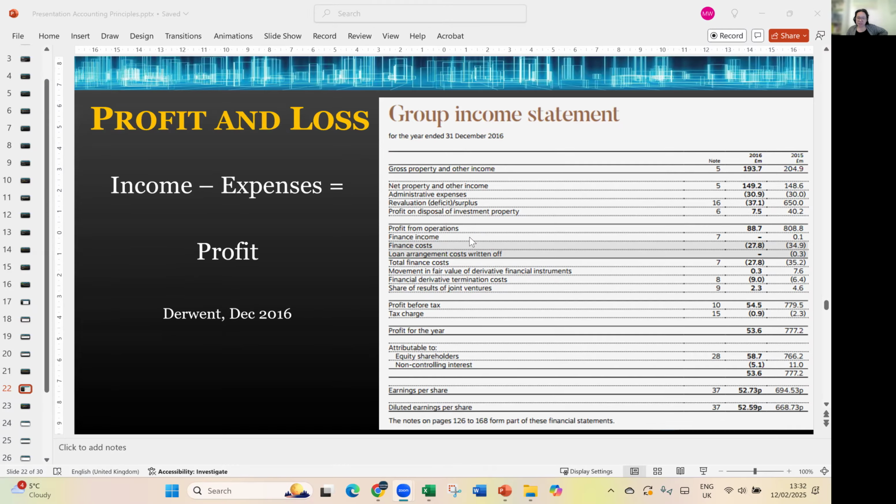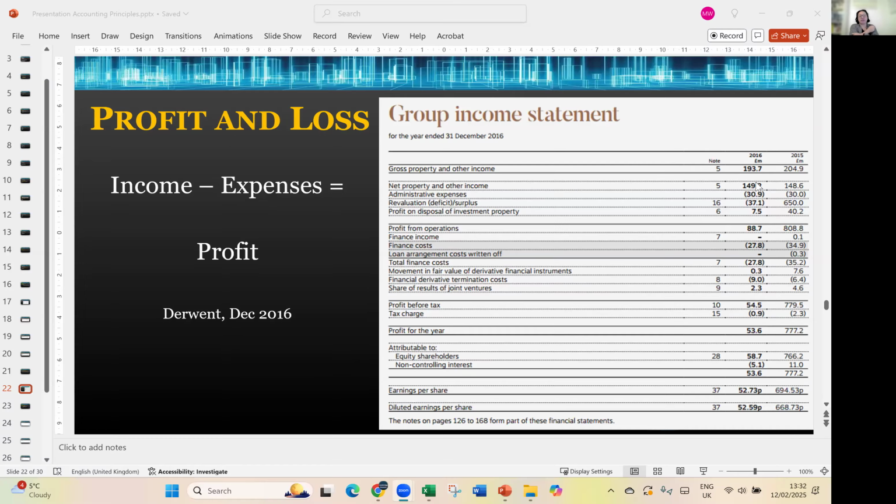In this case, this is a little bit outdated, but it's just to give an example: the income of the property, which tends to be the rent, okay? And then sometimes they put here the revaluation of the property hitting your profit and loss, right?